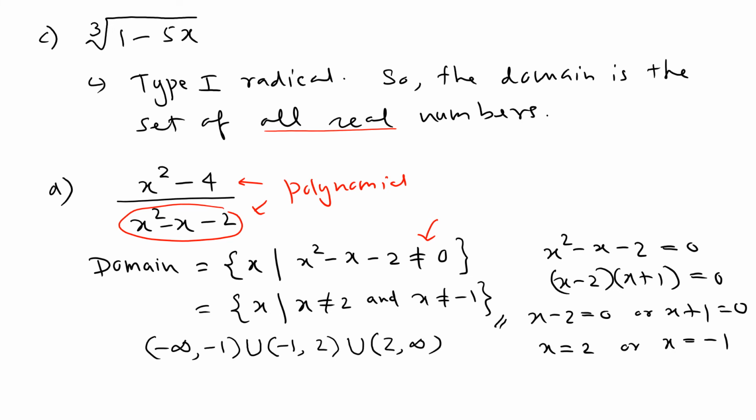Here we remove the negative 1, here we remove the 2. That's how you remove two values or any number of values.